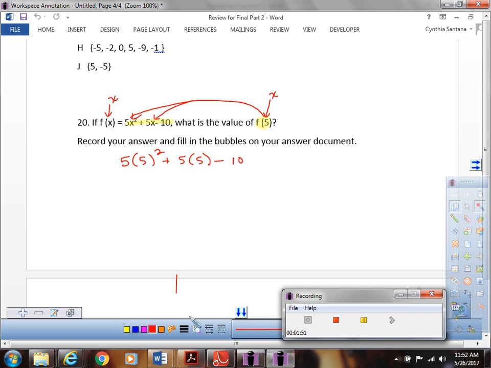That part right there, you can either work out mentally or do it in your calculator. 5 squared is 25, times 5 would be 125, and then plus 5 times 5 is 25, minus 10. If you think about it, add from left to right. This is 150 minus 10, that's 140. Now that's one way you could do it.